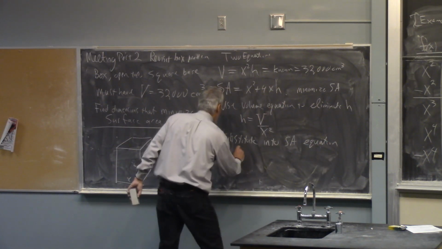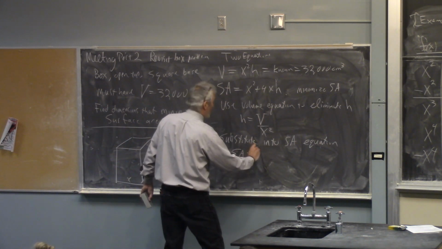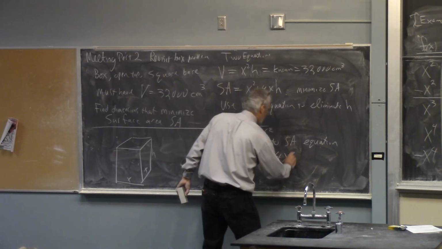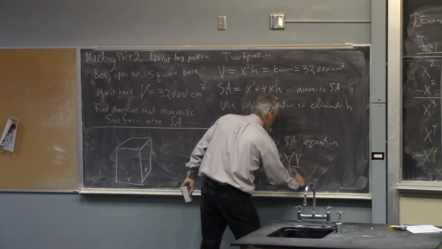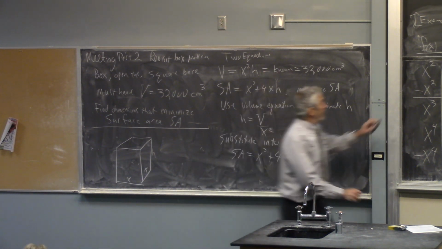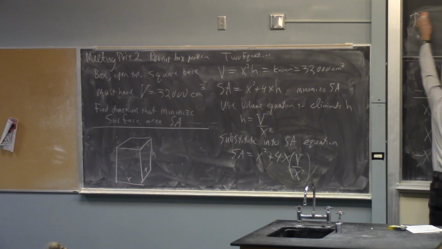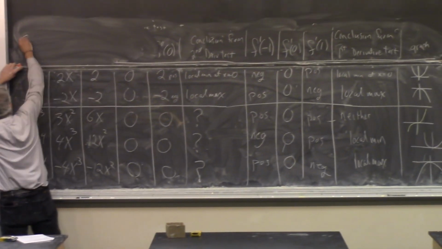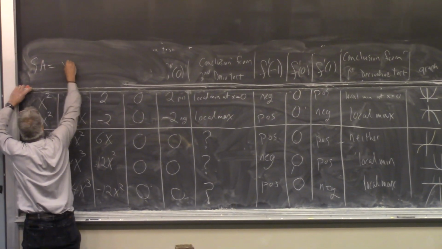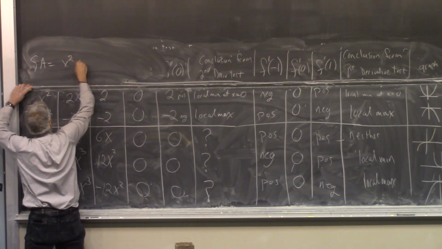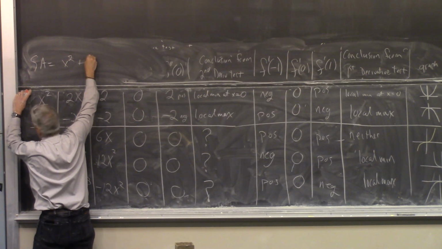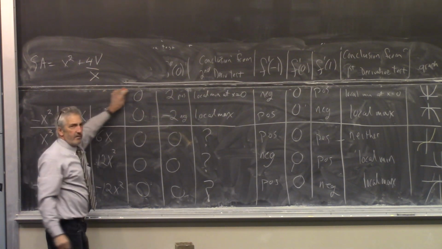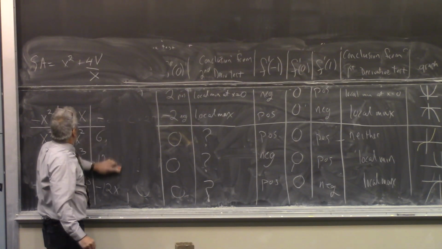So we have SA equals x squared plus 4x times V over x squared. Now let's simplify that. Surface area is x squared plus 4V over x.